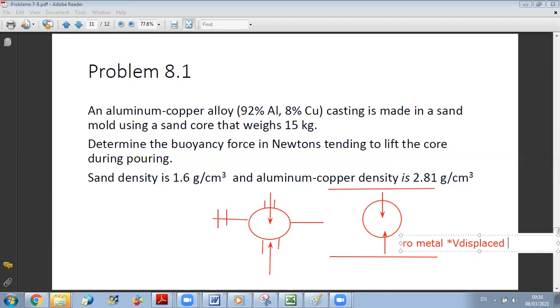Now, since here the core is completely immersed in the cavity, the displaced volume, V displaced, is equal to the volume of the core, V core, because the core is completely immersed in the fluid.